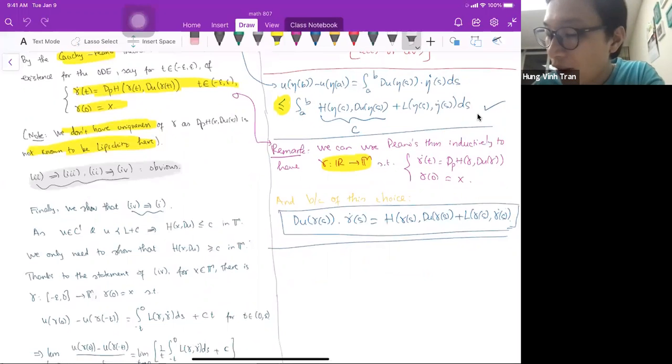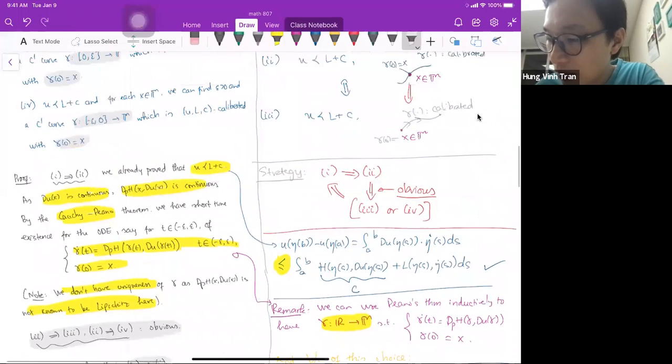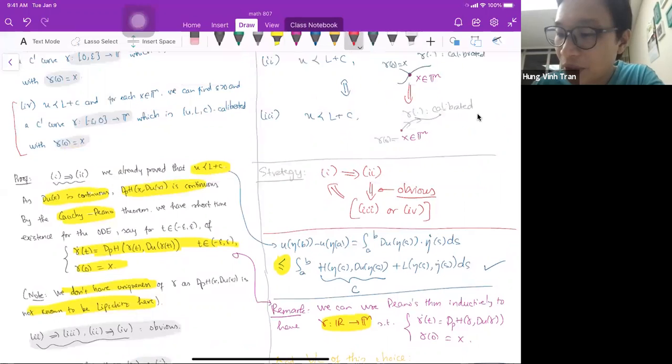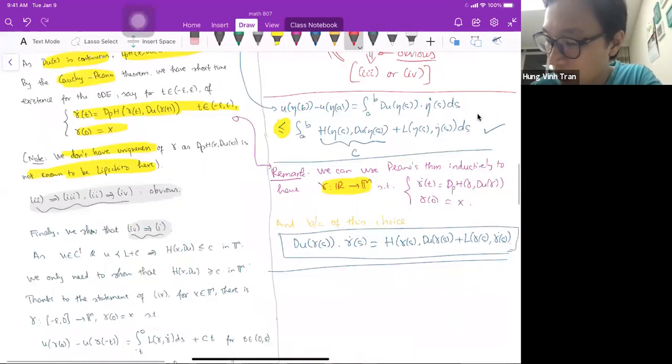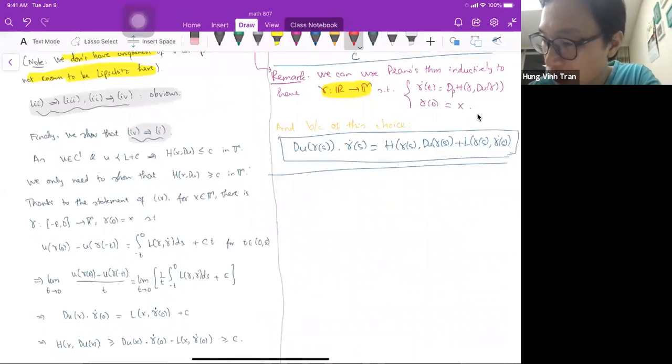Okay, so finally we're going to show that 4i implies I. So what's 4i? Let's record. I'm going to draw a picture here. So this is 4i, right? That you have u is dominated by L plus C, and you have a calibrated curve going from minus epsilon to 0 with gamma 0 equals x.